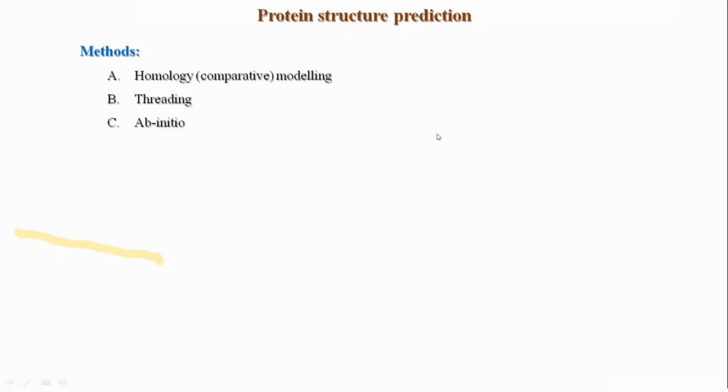When it comes to alternative methods, homology modeling or comparative modeling of proteins is the best way for predicting the structure. We have methods like homology modeling, threading, and ab initio. Homology modeling and threading are both knowledge-based methods, meaning we need prerequisites like similar structures for the proteins we want to study.